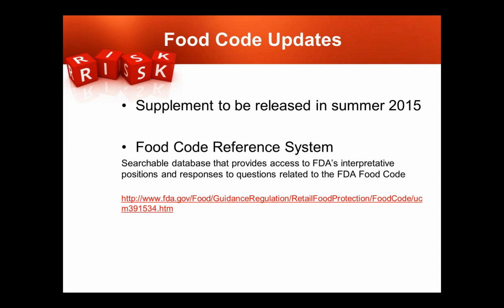For instance, those of you familiar with a Papa Murphy's type pizza operation, all that product is ready to eat. It's all fully cooked. They assemble the pizzas, but it's going to be cooked later. Because it's ready to eat, do they actually have to have the no bare hand contact, or because it's going to be cooked later, is it not required? Those kinds of interpretations and questions are all available on there, and that's open to the public.